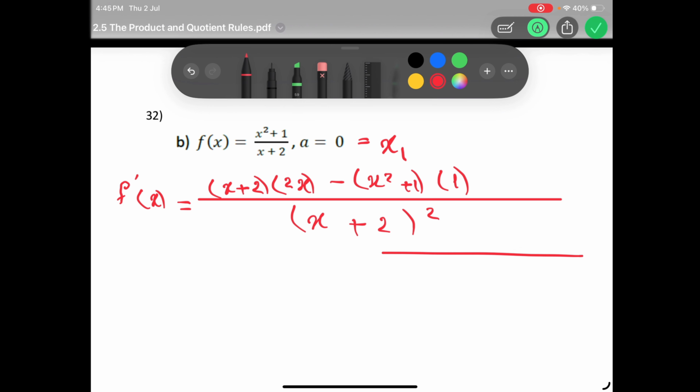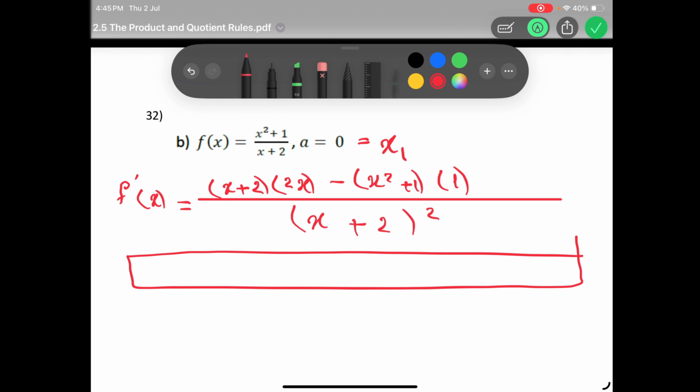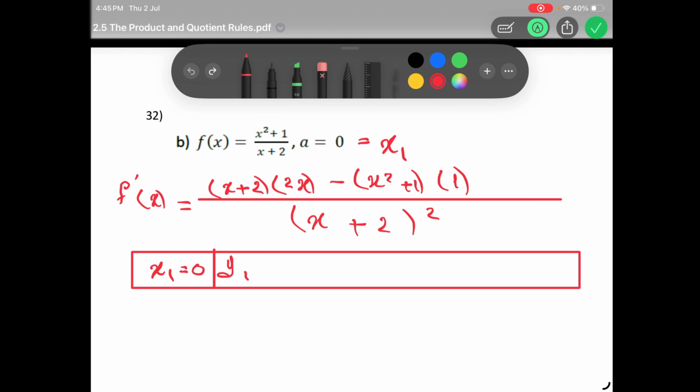And remember this wonderful, marvelous table, where I can organize the solution: x1 equals 0 given in the problem, y1 something we will find, m something we will find as well, and I will plug them in this formula. y minus y1 equals m times x minus x1.